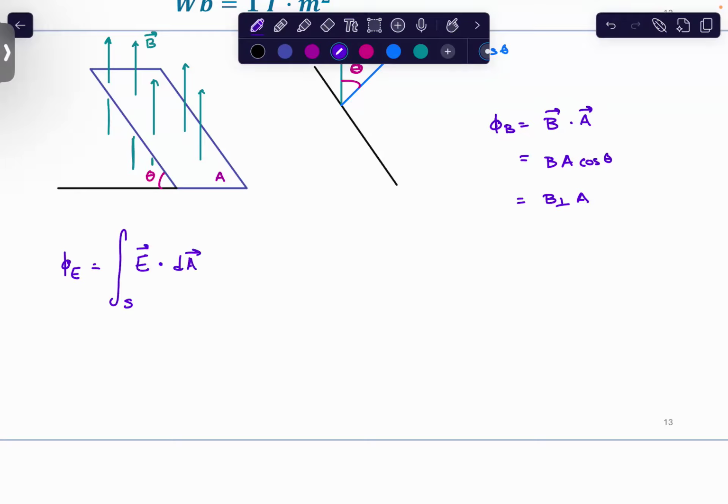So what do you think magnetic flux is going to look like? Yep, surface integral. Yep.